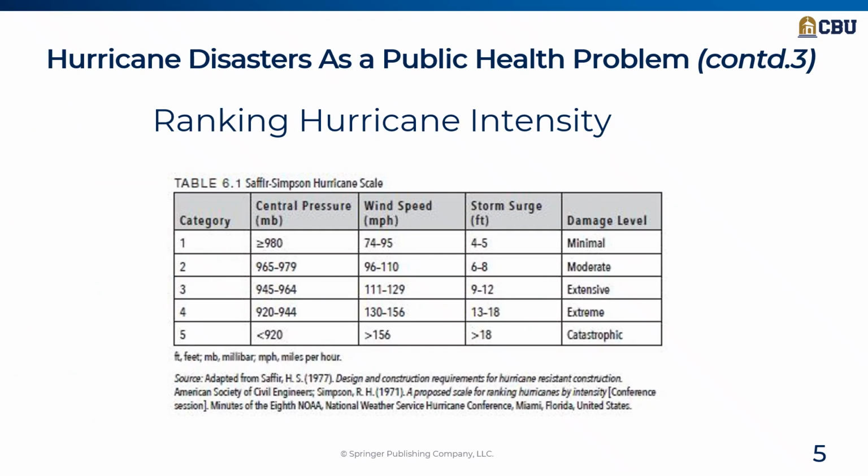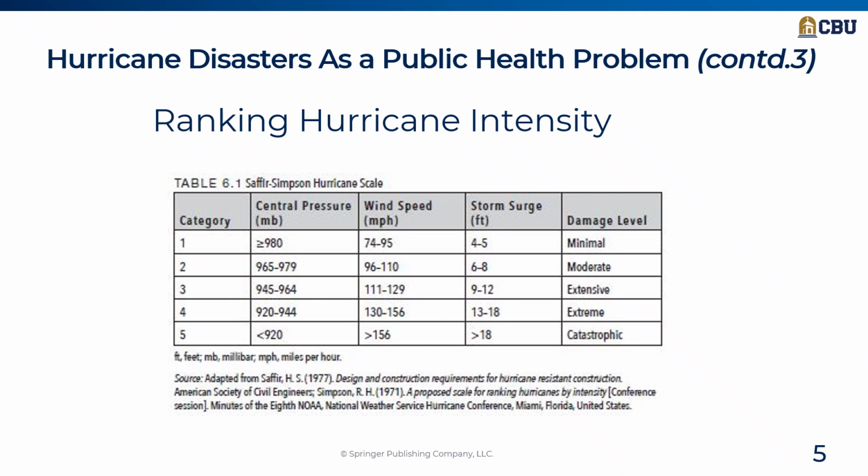So, similar to tornadoes, which we'll talk about later, we have a scale called the Saffir-Simpson scale. It essentially is shown here in this table.